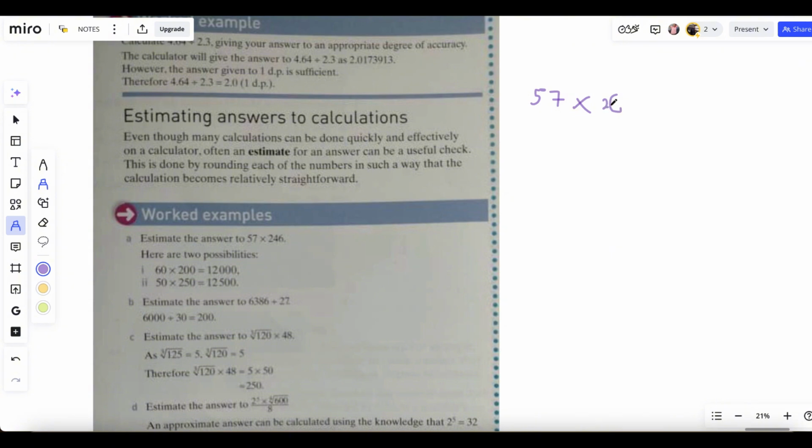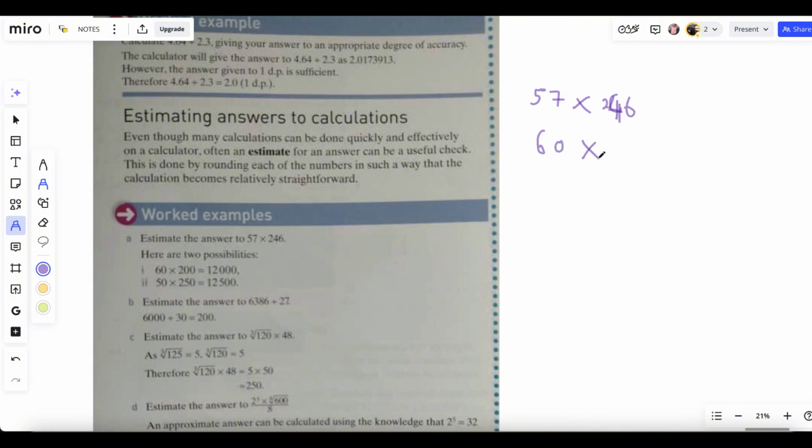Let's say we have 57 times 246. You are asked to multiply this, and they say estimate the answer. So you estimate each number first, before you do the final answer. To 1 significant figure, I'll round 57 to 60 for easy calculation, because in estimation you don't need a calculator.